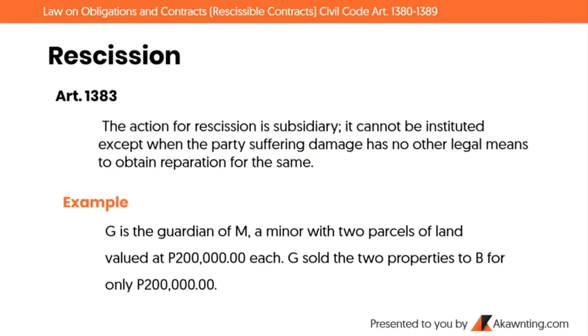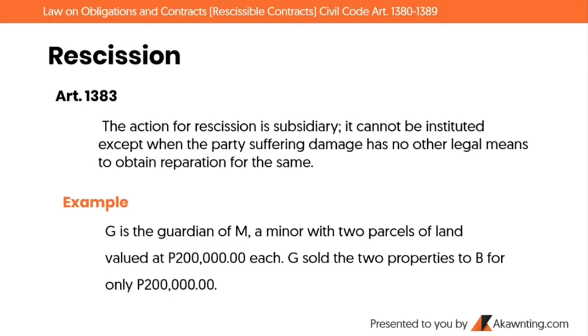We have been mentioning the word rescission. Under Article 1383, the action for rescission is subsidiary. It cannot be instituted except when the party suffering damage has no other legal means to obtain reparation of the same. So, we said rescission is a method to avoid the contract.